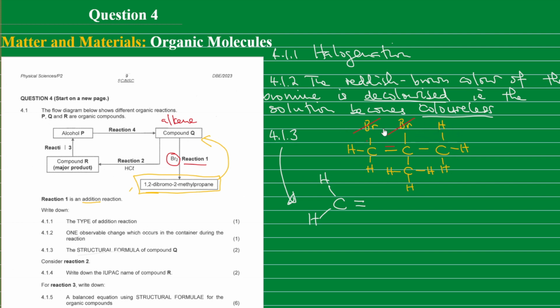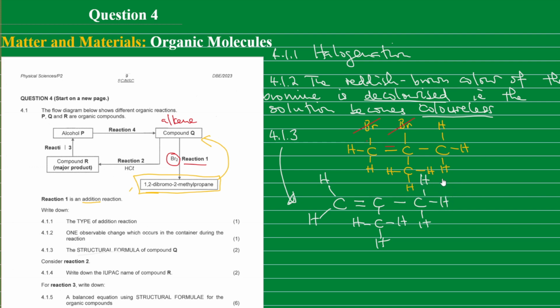So we are working backward from the product to get the reactant. Coming back to the answer, we have one C here with a methyl branch, and then there will be a C again with 3H there.